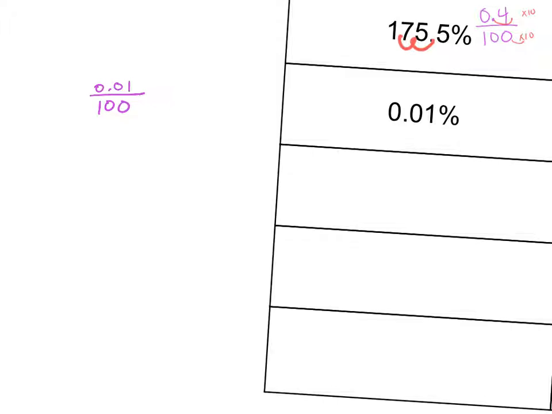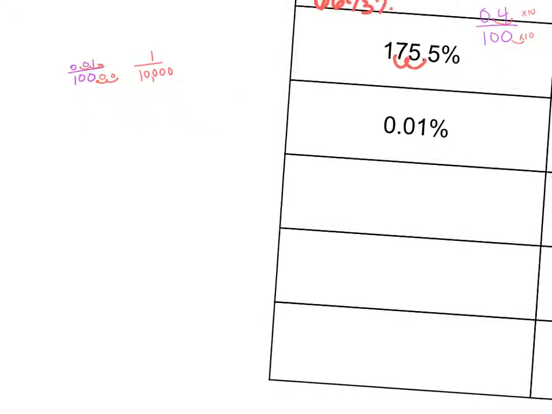You can't have a decimal fraction. So to get away from that decimal, you're going to move 2 to the right, and you get 1 over 10,000. Okay? That's one way of doing the fraction.